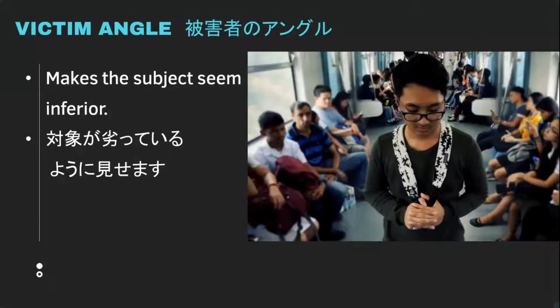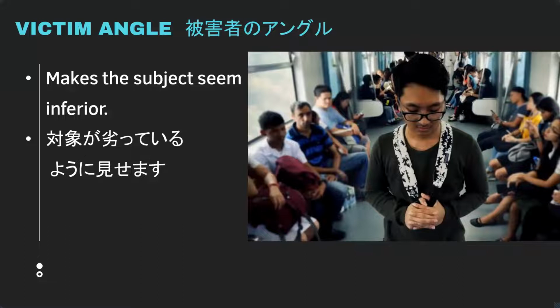This is the next type of angle, the high angle shot or the victim angle. If we're framing a shot from a high position looking down at the subject, it makes them feel inferior. It's a technique to show the subject in a weak position.